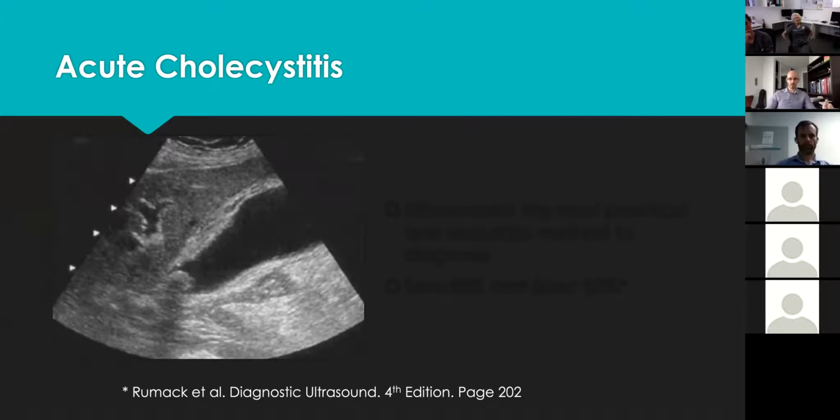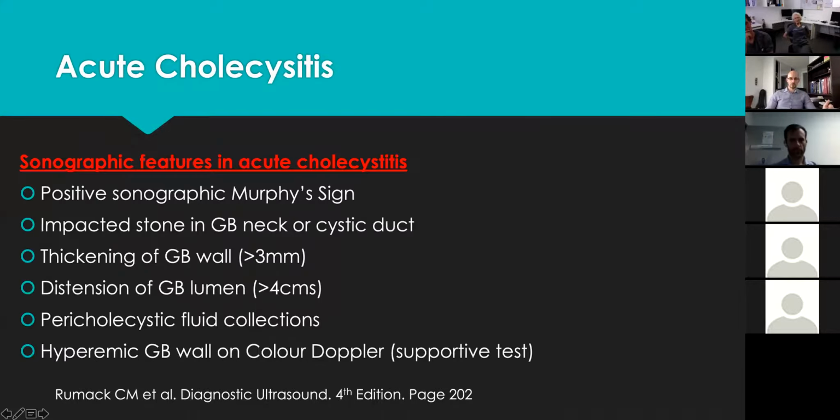So, a positive Murphy sign, for example, when you are pushing on the gallbladder with your ultrasound probe and the patient reacts, that's one indicator. Fluid around the gallbladder, persistent pericholecystic fluid, that's another thing. Thickening of the gallbladder wall, more than 3 millimeters, is another thing, and a stone stuck in the gallbladder neck.